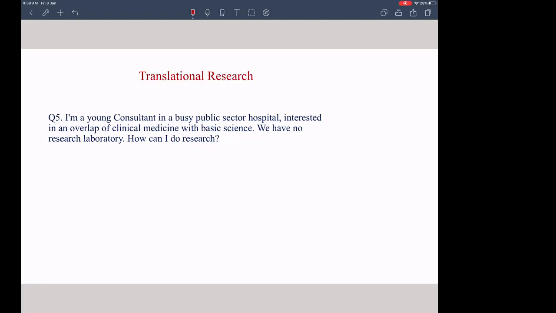So if one is a busy clinical consultant, and one wants to combine basic science and clinical medicine, and one doesn't have a research laboratory, then the first thing would be to really collaborate. And collaboration is really done between people. It is not about the setups. So you have to be able to get along very well with your collaborator. It is really the trust that determines what is happening to your research.